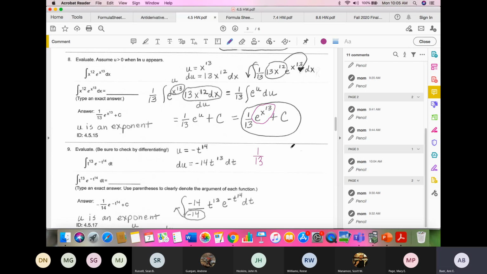We want to differentiate that. To differentiate an e to a power, it's e to that power, so e raised to the x to the 13th, times the derivative of the power.